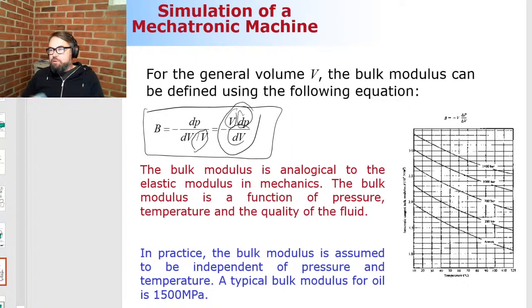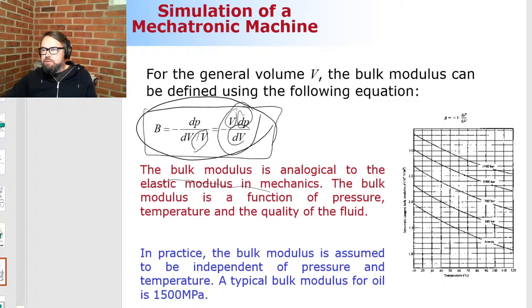I was about to explain the bulk modulus. And I can see that you guys are putting the game on already, which is related to the success rate of the first in-class quiz. Okay, this is what I explained already. The bulk modulus is pretty much the same as the elastic modulus used in mechanics.